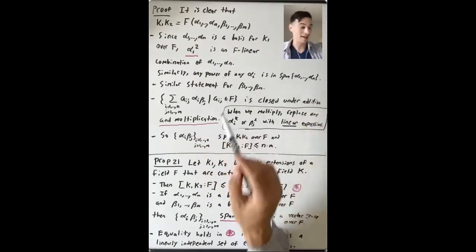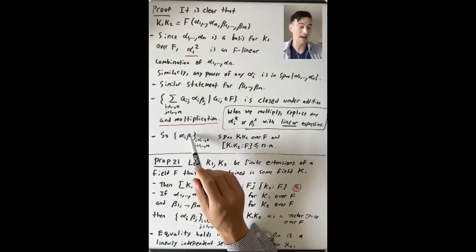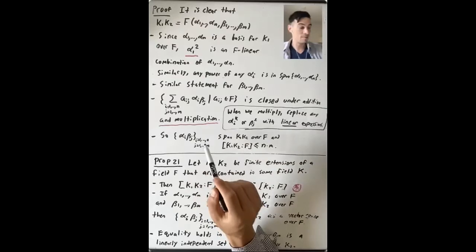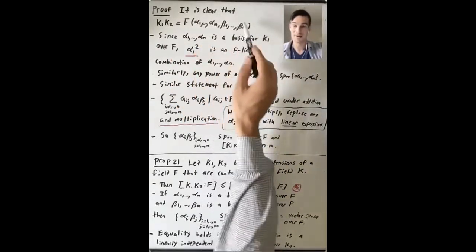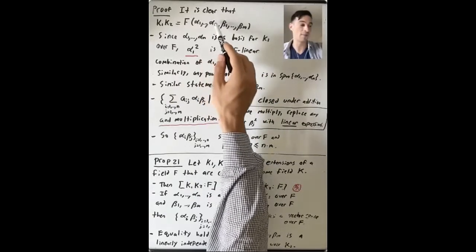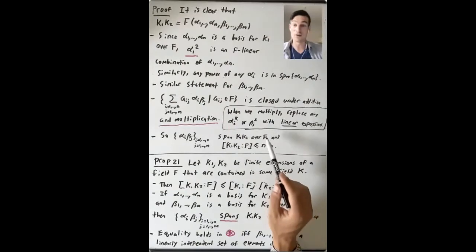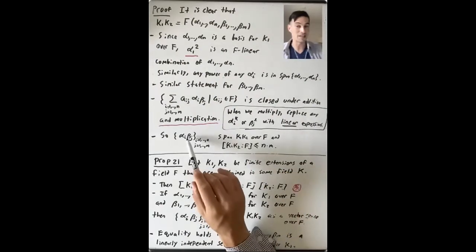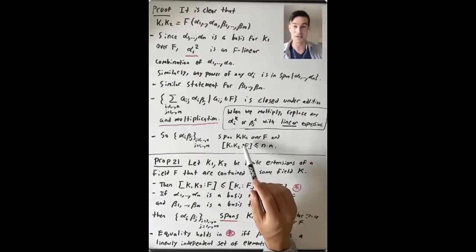So the n times m special elements, alpha i times beta j, span K1 K2, this entire field generated by alpha 1 up through alpha n, beta 1 up through beta m, as a vector space over F. And what does that mean? That means this dimension is at most the size of this spanning set, which is n times m. And that dimension is the degree of the field extension K1 K2 over F.